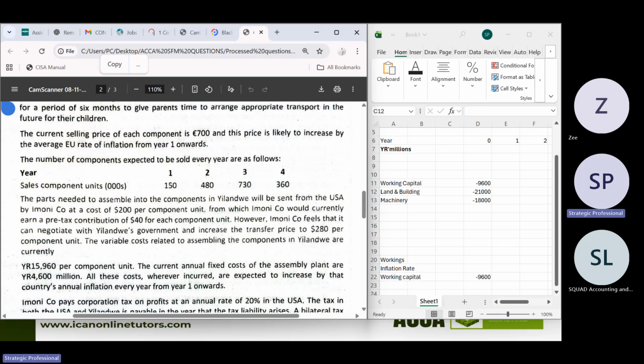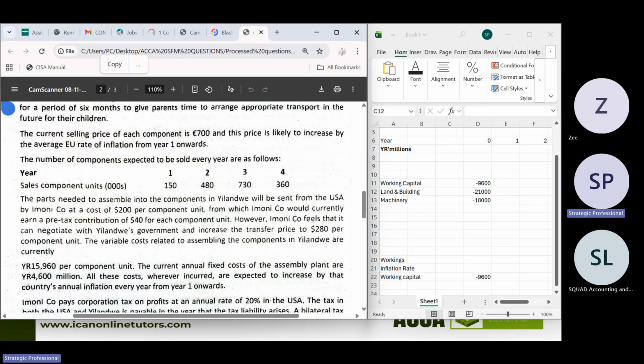Now, what is this trying to let us know? That this price is in euro. If this price is in euro, it means that if we are working with Naira, we must convert it to Naira.